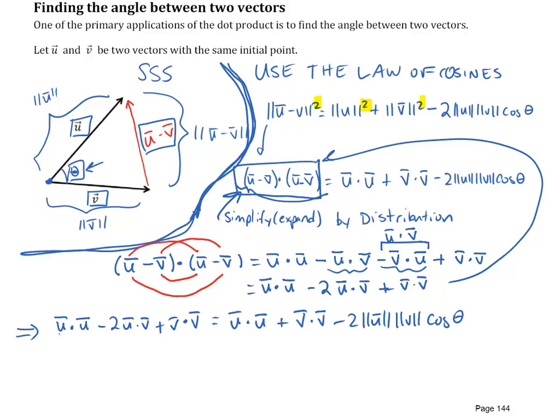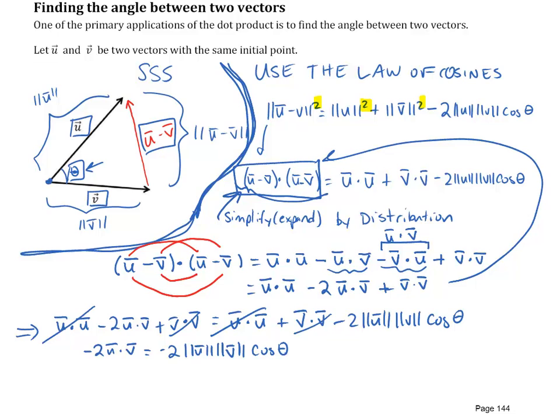Now I've got a u dot u on one side and a u dot u on the other. They subtract out if I subtract that from both sides. Similarly, if I subtract v dot v from both sides, I end up with a minus 2u dot v equals a minus 2 magnitude of u, magnitude of v, cosine of theta.